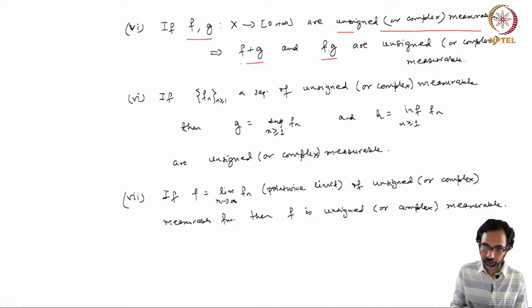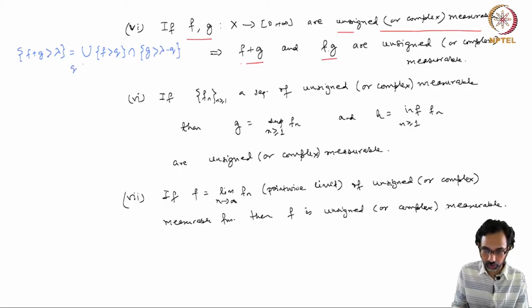Here we can simply write, for example, f plus g. If you take the set f plus g greater than some constant lambda, then this can be written as the union of the sets f greater than some number q, intersection g greater than lambda minus q.